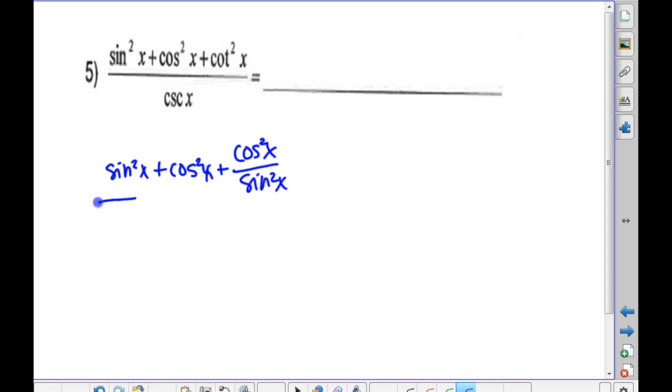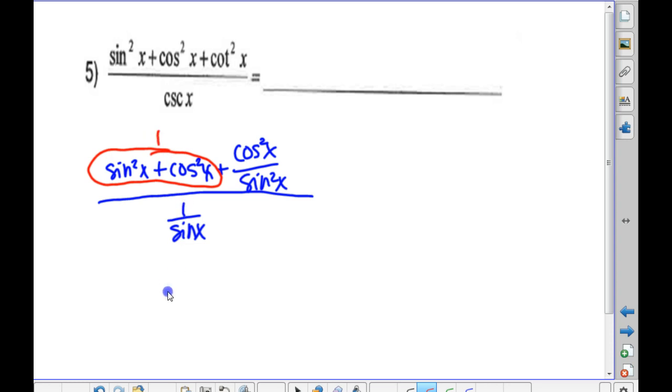Anything else? Okay. I wasn't sure if you wanted me to change that one too, but yes. First thing I would have done was trade all that for a 1. Okay, so we have 1 plus cosine squared over sine squared.